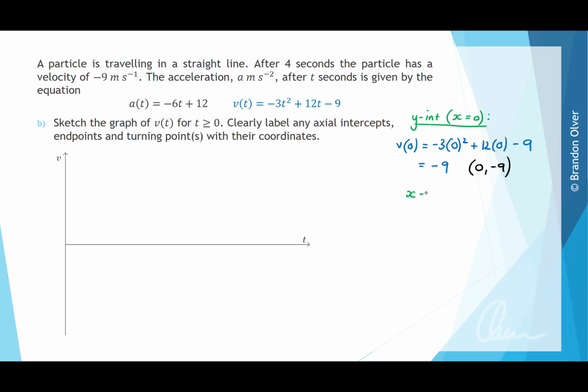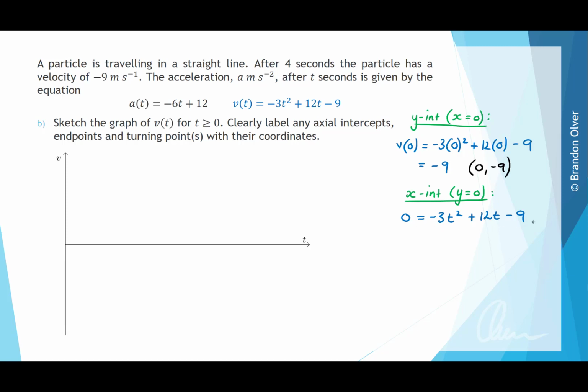Therefore, we have the coordinate 0, -9 as the y-intercept. Next, we're going to find the x-intercepts of the graph by letting y equal 0. So that means we're solving the equation 0 is equal to -3t squared plus 12t minus 9. To solve this quadratic by hand, we're going to first factorize it and then use the null factor law.